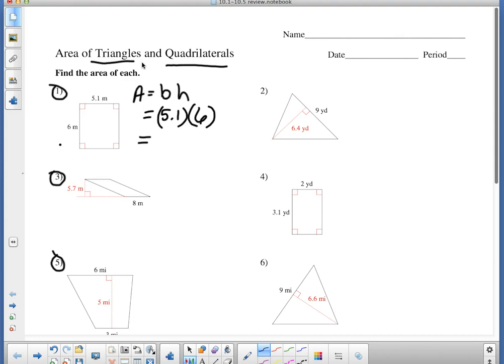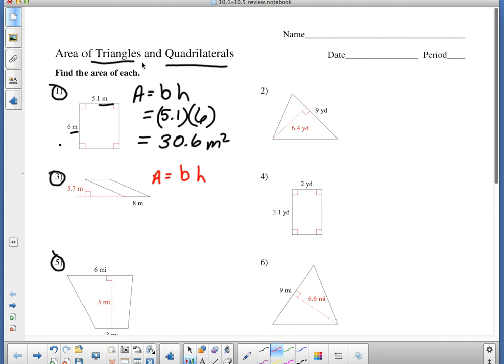Okay, as we're going through, we got to make sure our units are on there and we dress up our numbers. So the next one, number 3, we have a parallelogram here. And remember, the parallelogram's area is base times height. The height is the perpendicular distance between the base and another side opposite the base.